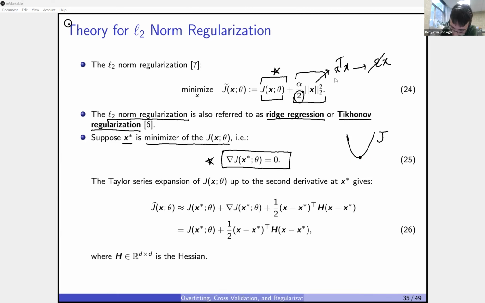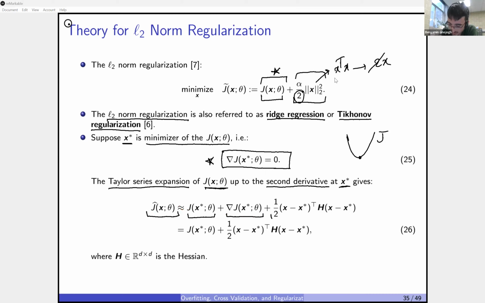Now let's see the Taylor series expansion of J up to the second derivative at point x star. I say J hat is just an approximation, a Taylor series approximation. It's approximately equal to J plus the first term of Taylor, which has the gradient.